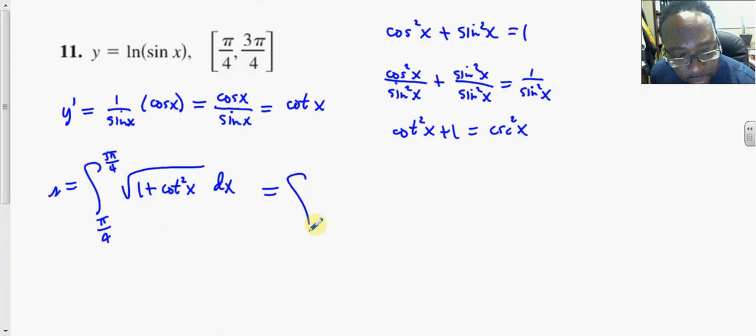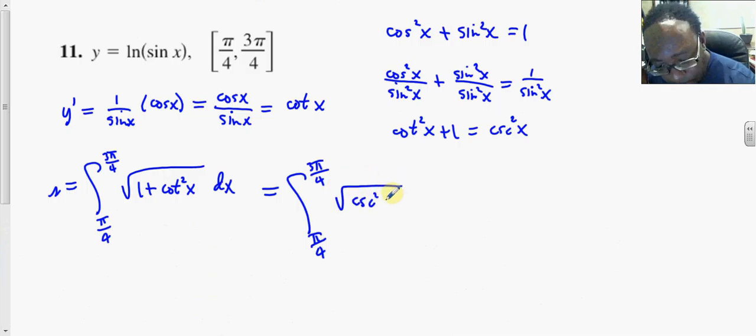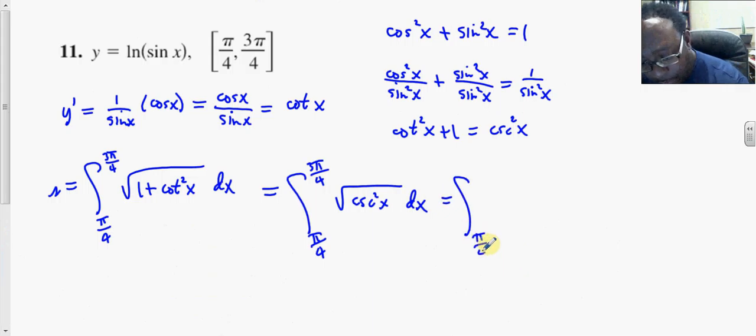So this is the integral from pi over 4 to 3 pi over 4 of the square root of cosecant squared x dx. So this is the integral from pi over 4 to 3 pi over 4 of cosecant x dx.